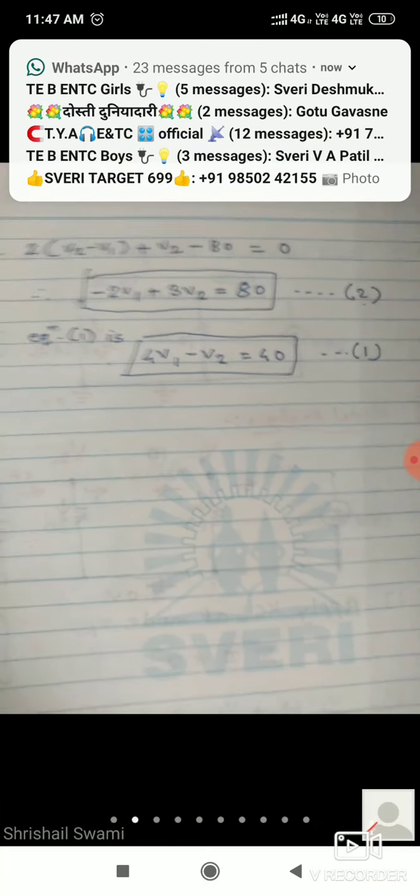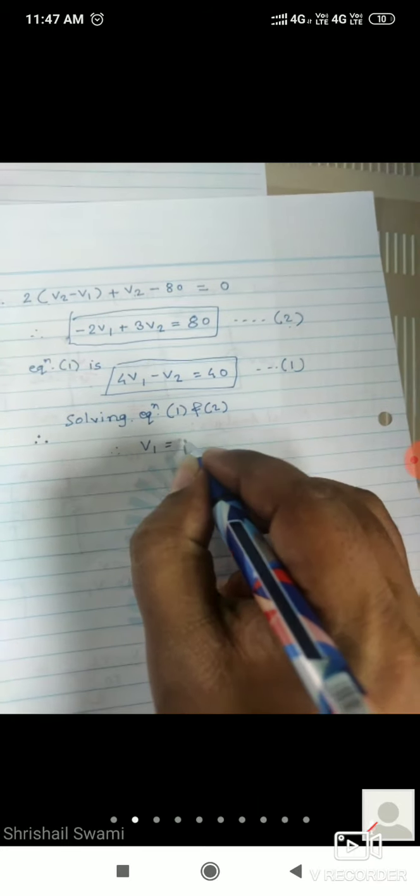Then A2 is equal to minus 2, B2 is equal to 3 and C2 is equal to 80. Once you put all those values in the calculator, what is the answer you are getting? Anyone? Solving equations 1 and 2, we get V1 is equal to 20 volt and V2 is equal to 40 volt. So these two answers we will get.